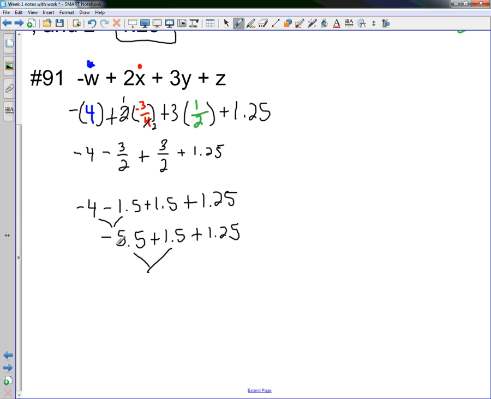And I take negative 5.5 plus 1.5, that's going to get me back to negative 4 plus 1.25. And then I find the difference here, and negative 4 plus 1.25 gives me negative 2.75.